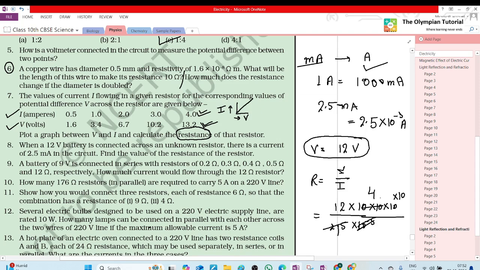So what will be the answer? In standard form, you have to tell me the answer. Standard form, you remember? In exponents we have done, like in 8th standard. Let me know the final answer, Aikta, Thania.